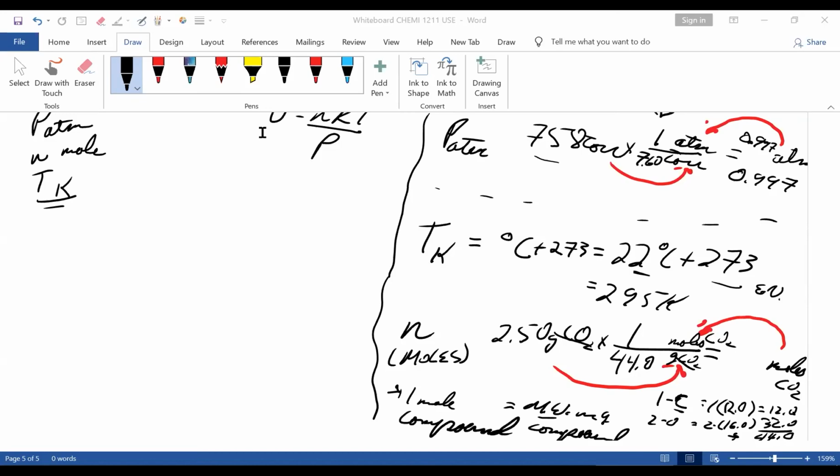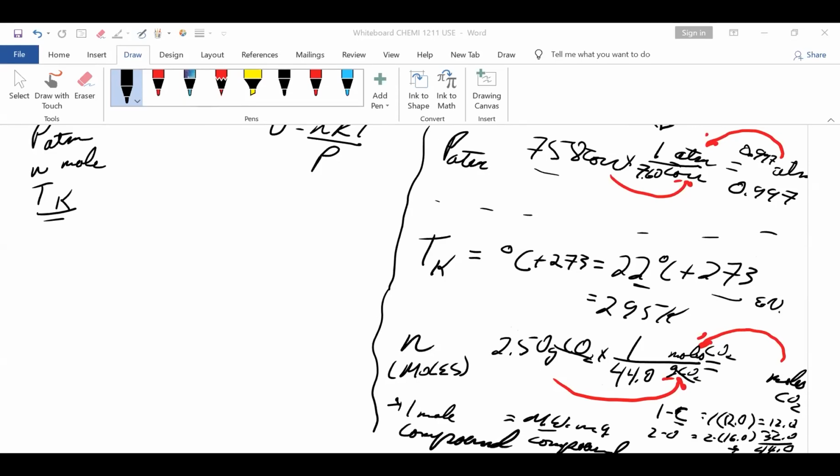And the number you get is 0.0568 moles, or 5.68 times 10 to the minus 2. You can do either one.